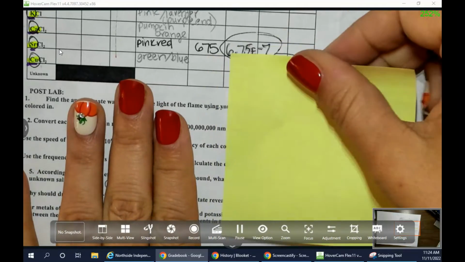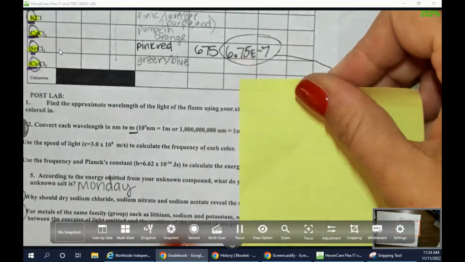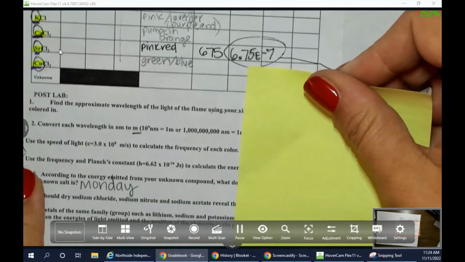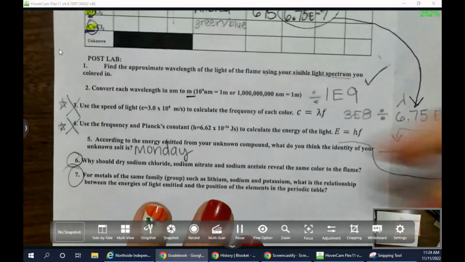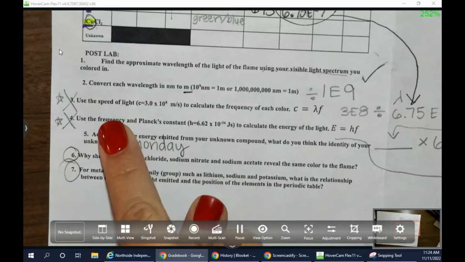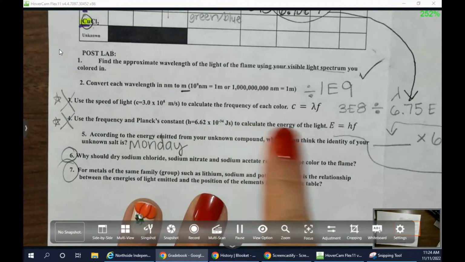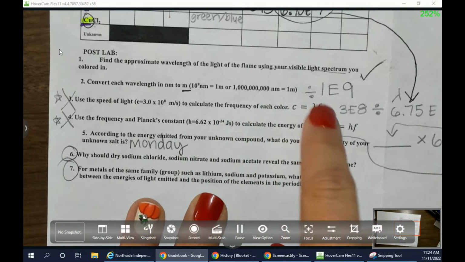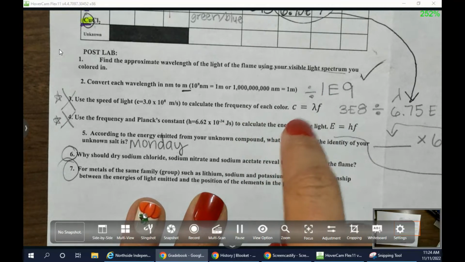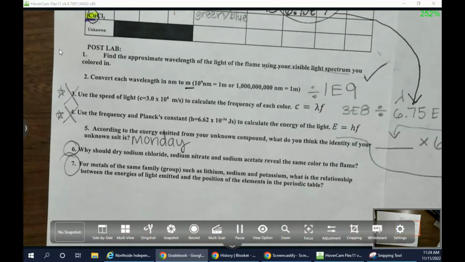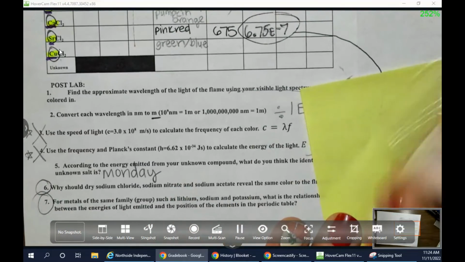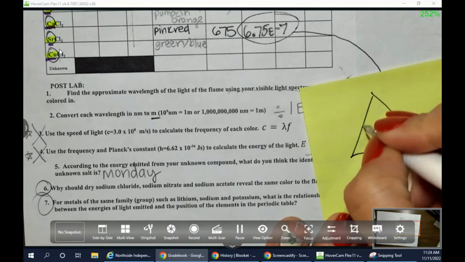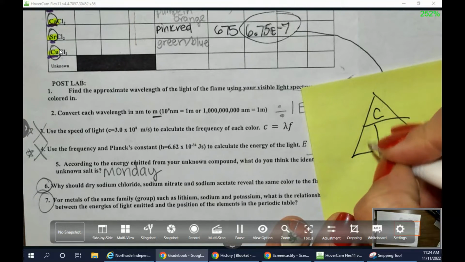All right, so once we have that, the next one says, use the speed of light to calculate the frequency. So if that's our formula right there, c equals wavelength times frequency. Remember, I showed you guys your little algebra triangle yesterday.